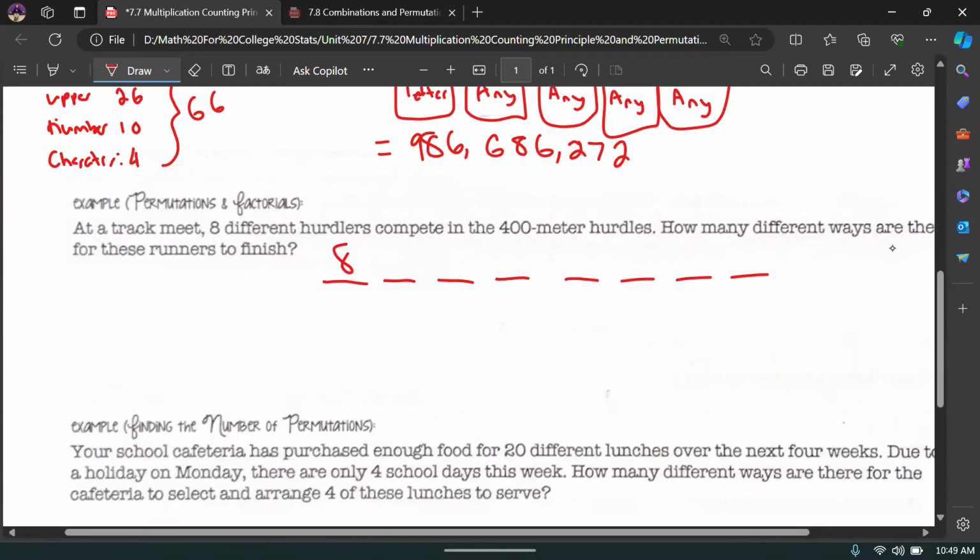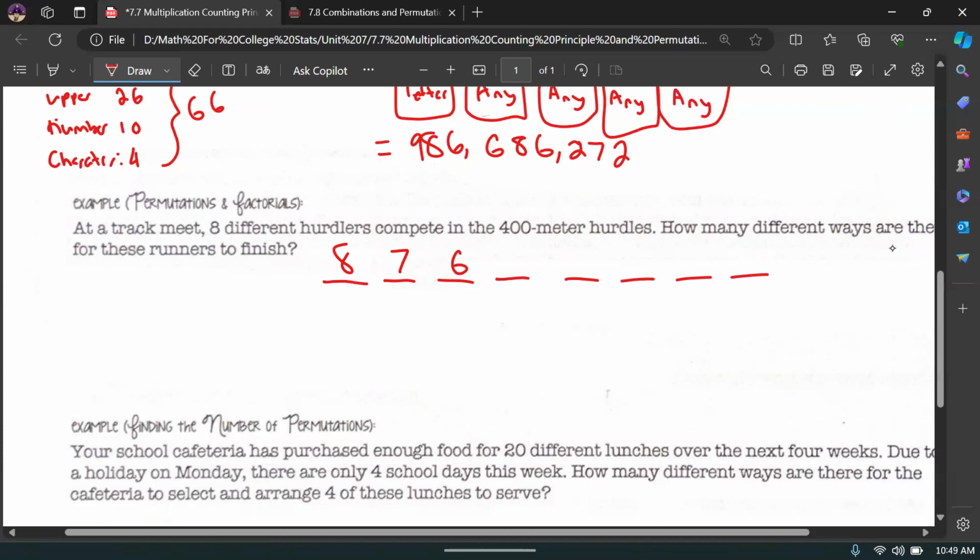Whoever takes first place can't come in second, third, fourth, fifth, sixth, seventh, or eighth. So that means there are 7 possibilities for someone to be in second. But if they finish first and we have the first 2 finishers, then there are only 6 possible people to be the third finisher. Does that make sense?